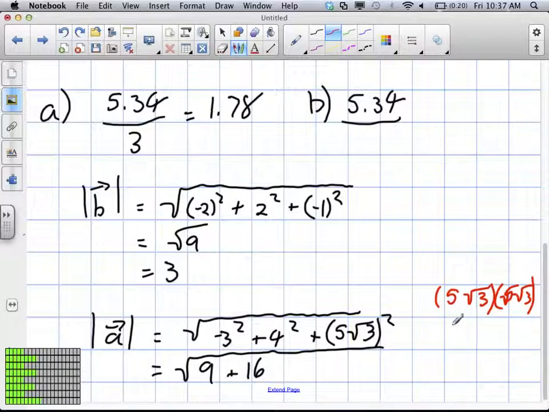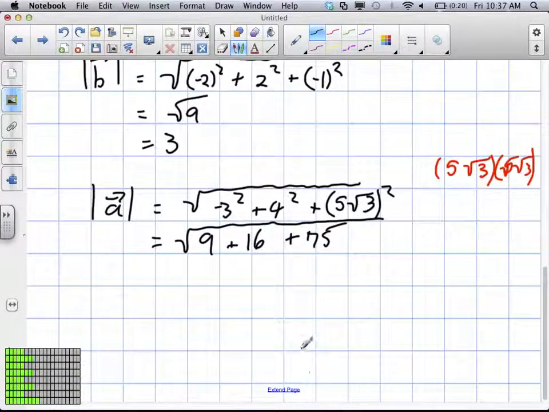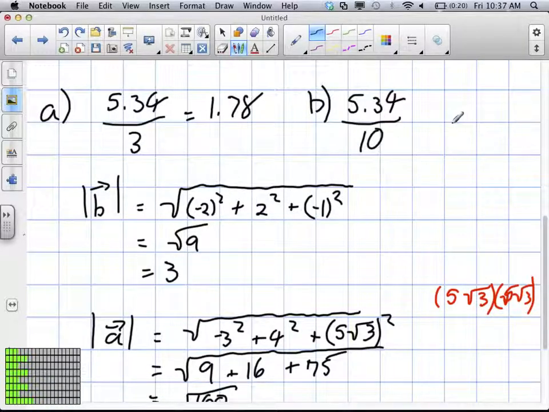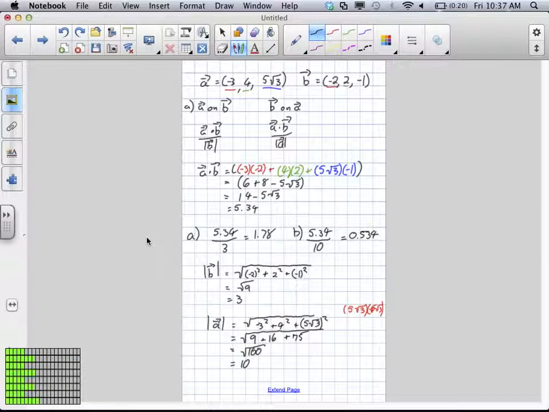Multiply our numbers in front first. We have 25, and root 3 times root 3 is 3. 25 times 3, what are we going to get? 75. Okay. 75 plus 16 plus 9, that's 100. Root 100 is 10. All right. And when we divide 5.34 by 10, we just move our decimal over 1, 0.534. So those are scalar projections.